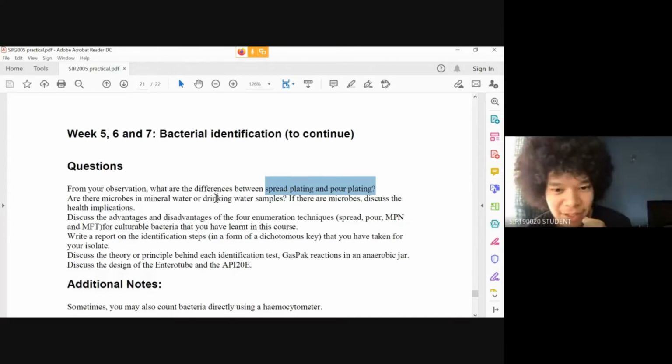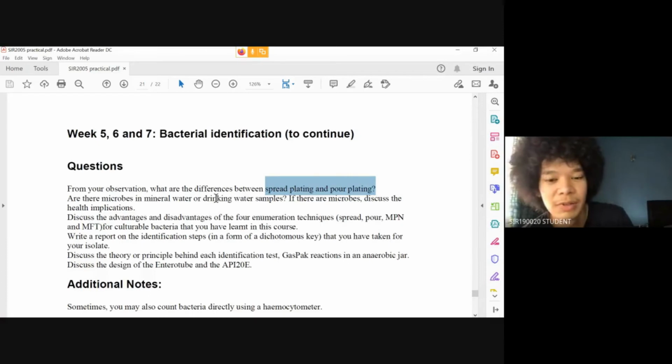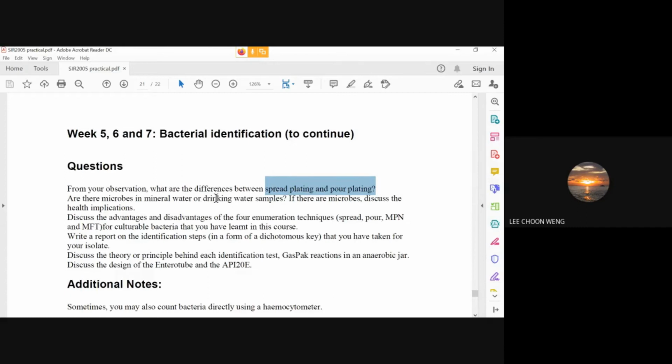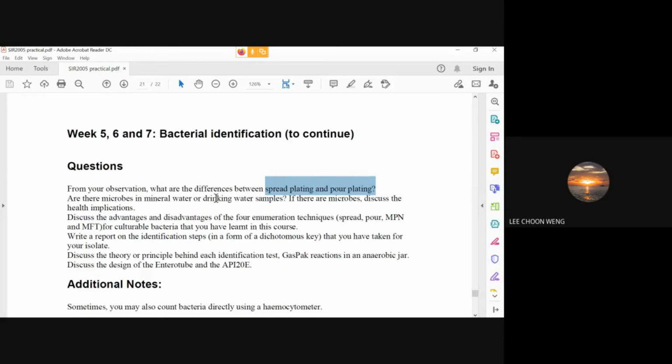Pour plating, because they have more access to the nutrients. If you do spread plating, they're just on top, whereas with pour plating, they can get the nutrients from the bottom of the plate as well, from everywhere surrounding them. I think pour plating will get many more colonies because with spread plating, we only use a small amount of inoculum.